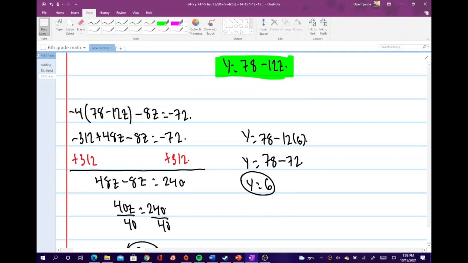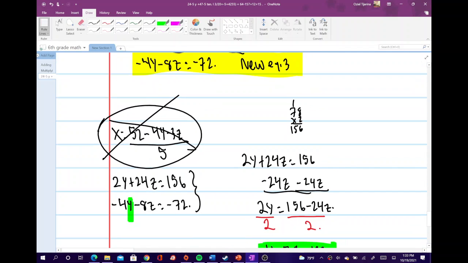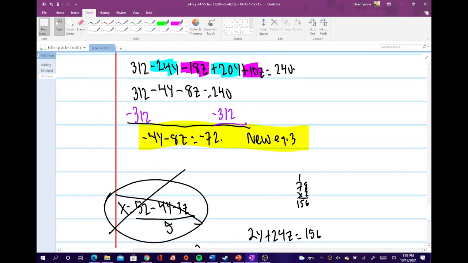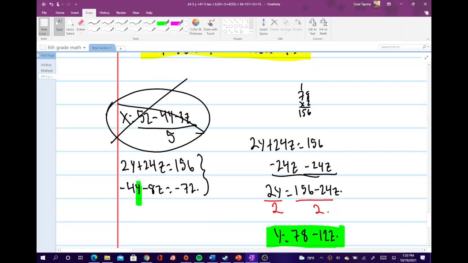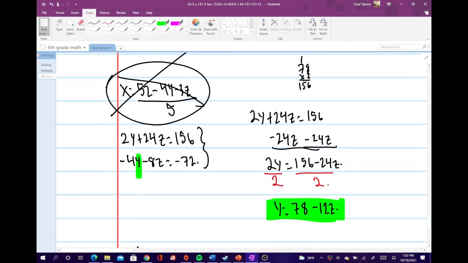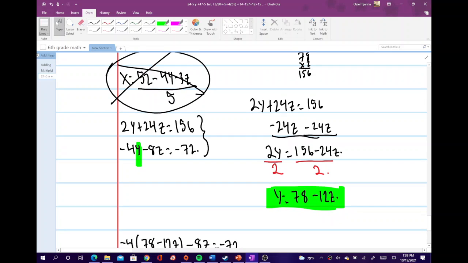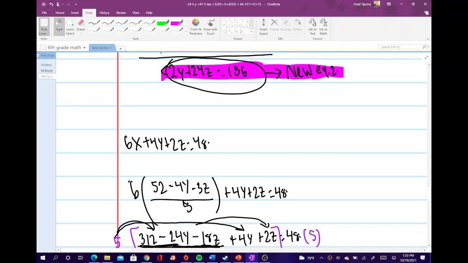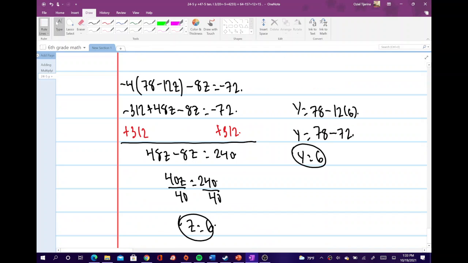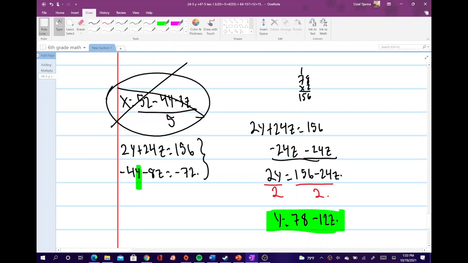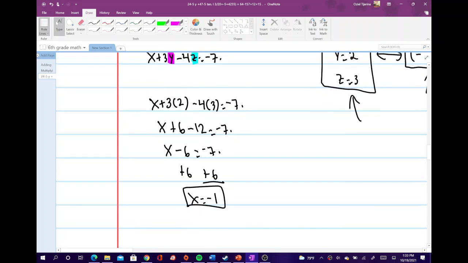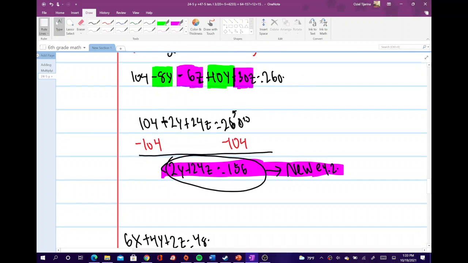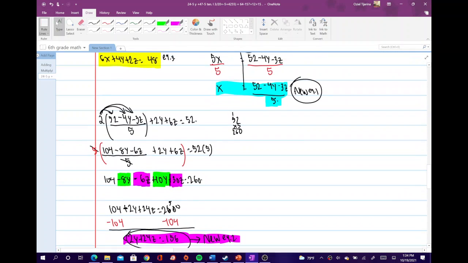And now for x, I did say that we didn't need this one anymore, but that was because we were doing systems of 2 equations. You can always plug in y and z into 6x plus 4y plus 2z and solve for x that way, but because we already solved for x at the very beginning of this video, we can use that to our advantage.